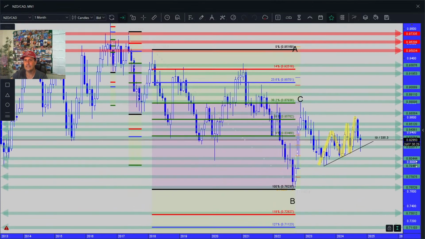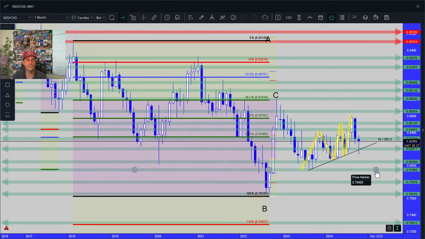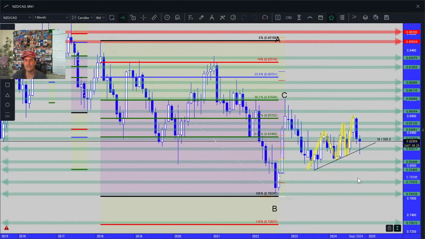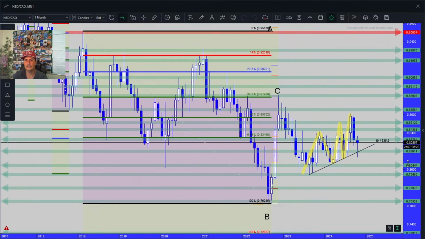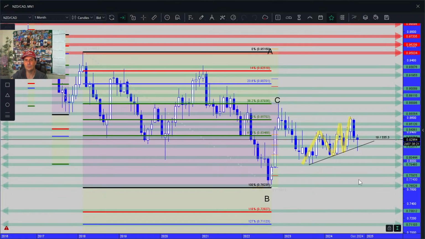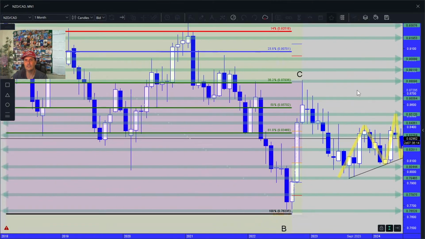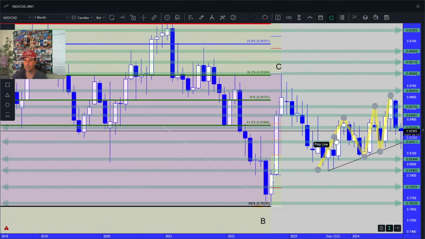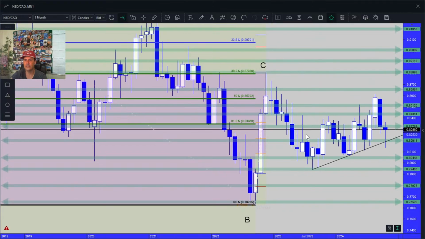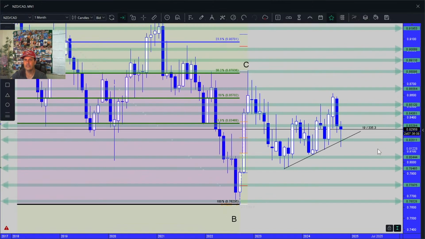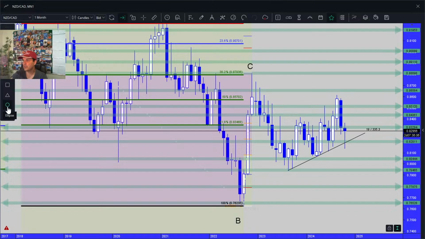Alright, everybody, this is NZD monthly chart. You have the original Fibonacci, you have the contrarian, and now we are going to chart the Fibonacci of the confirmation. Alright? Where would you start, everybody?